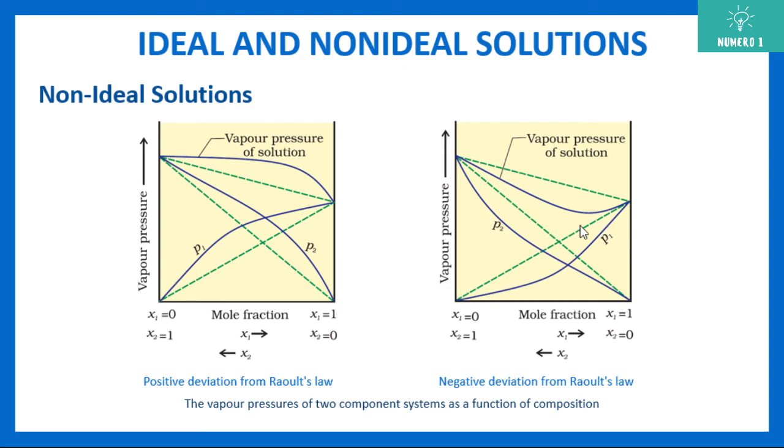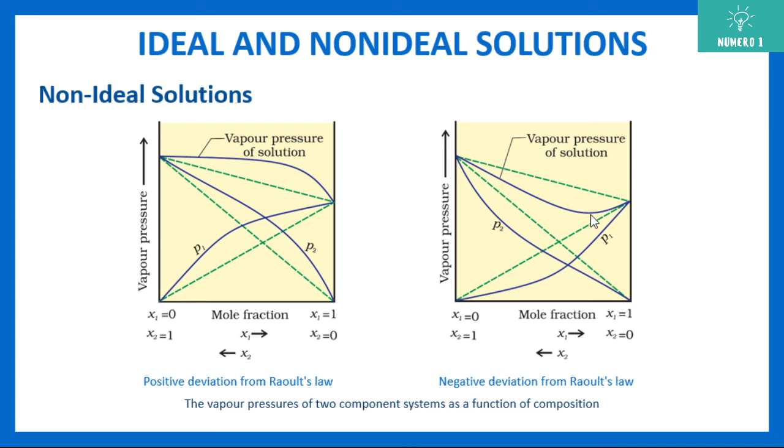In the same way, for negative deviation it is this one. You see that the vapor pressure is quite low. If vapor pressure is low, that means you need a much higher temperature to reach atmospheric pressure. I will explain this in one of the topics, the definition of boiling point. In the next session you will see the new definition of boiling point.